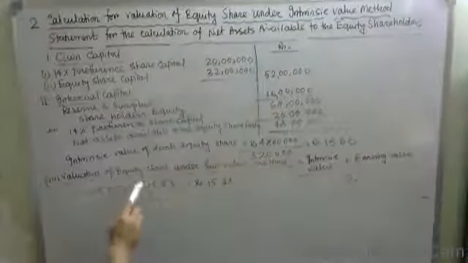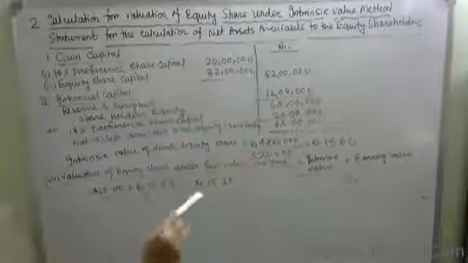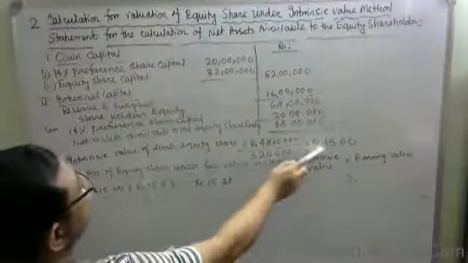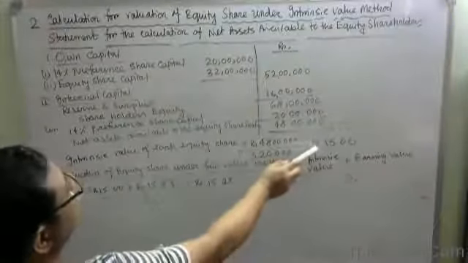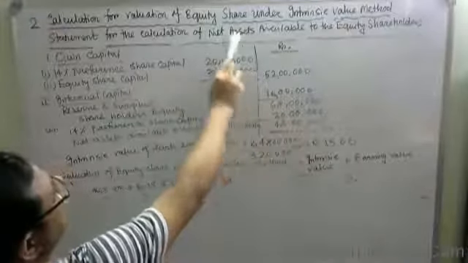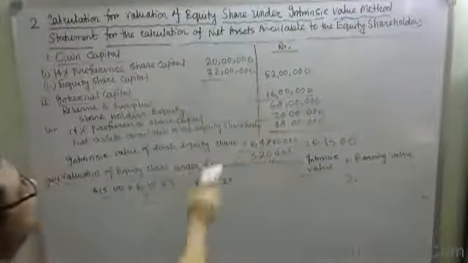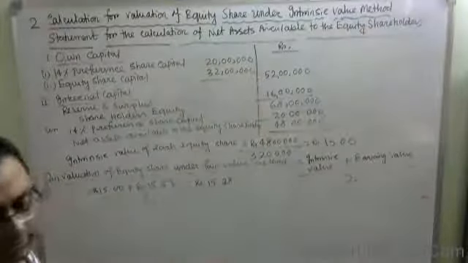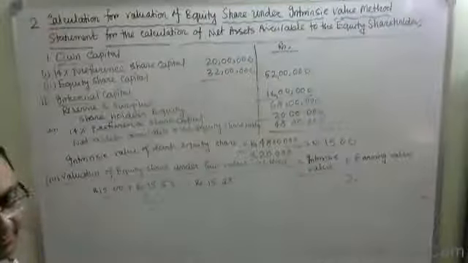So the valuation of equity share under fair value method: rupees 15 is related with the per equity share under the intrinsic value method, and 15.57 is the valuation of each equity share under earning capacity method.